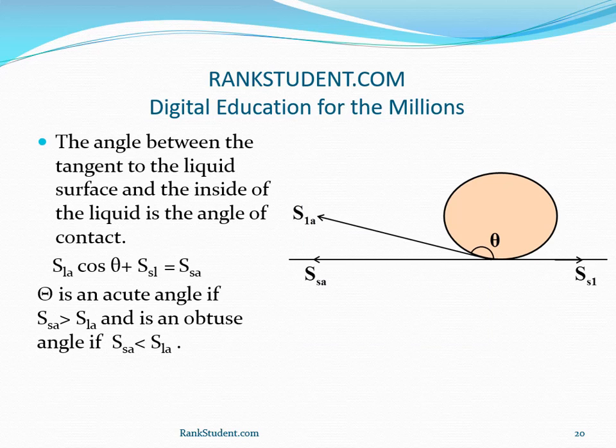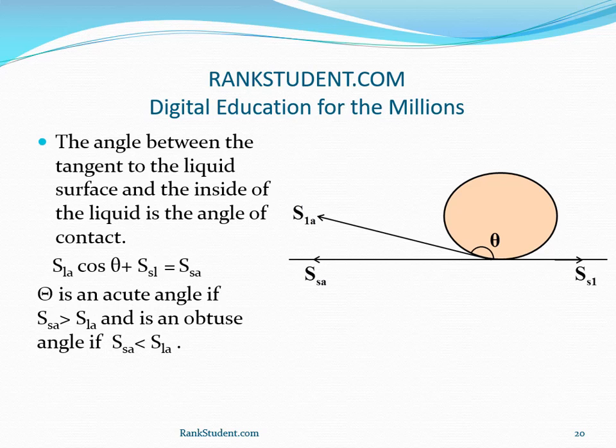The angle between the tangent to the liquid surface on the inside of the liquid is the angle of contact, illustrated by theta in the diagram on the right-hand side. Balancing the forces along the x-axis, S_LA cosine theta plus S_SL equals S_SA.